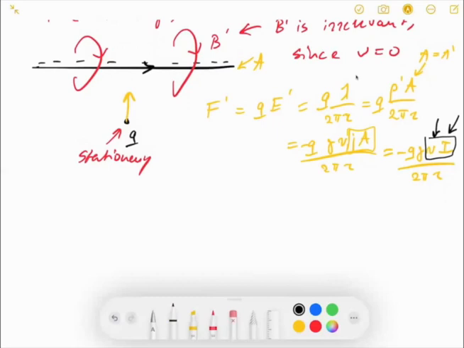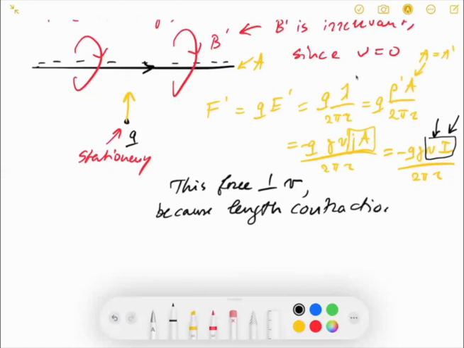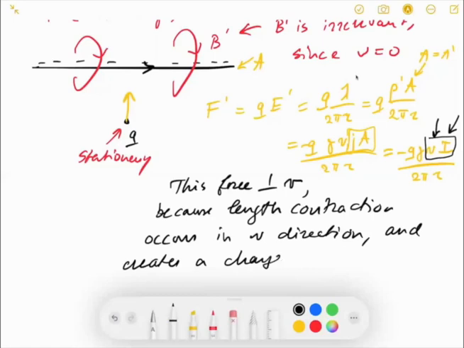More importantly, this force is perpendicular to V. And the force is perpendicular to V because length contraction occurs in the v direction and creates a charged line, and then the force is going to be towards that charged line.